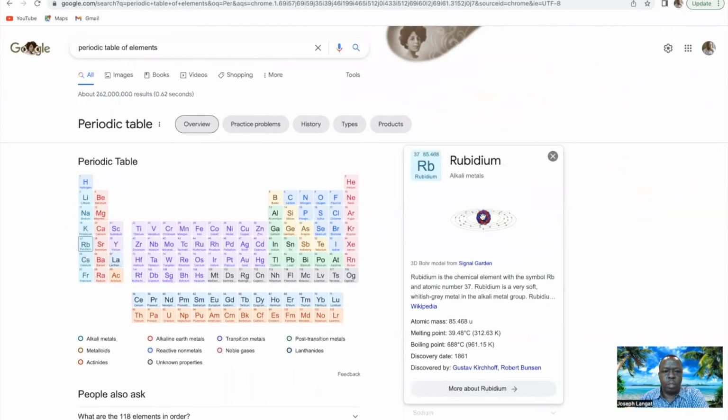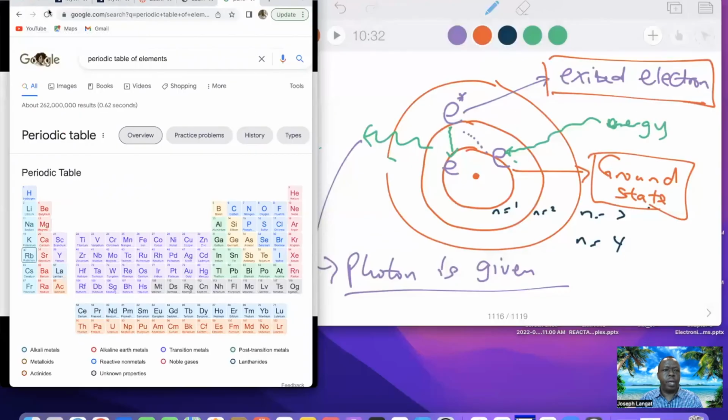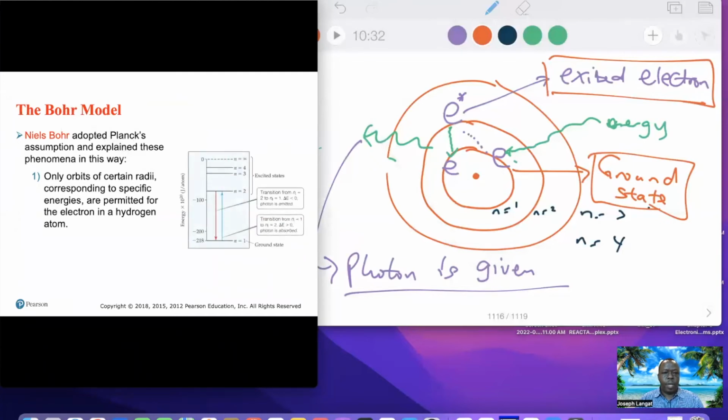You see this? This is rubidium. Electrons move around the nucleus following a specific radius from the nucleus with a specific energy, so that when it transitions, it's going to emit or absorb energy.